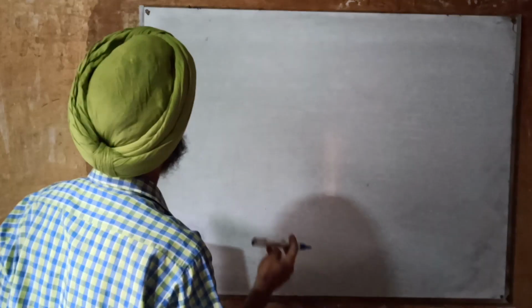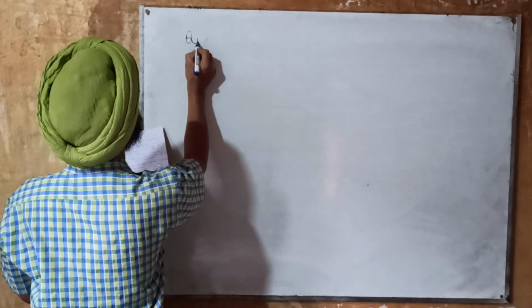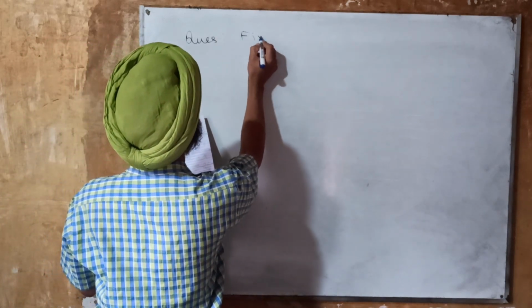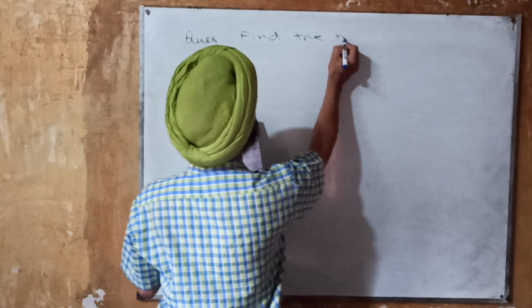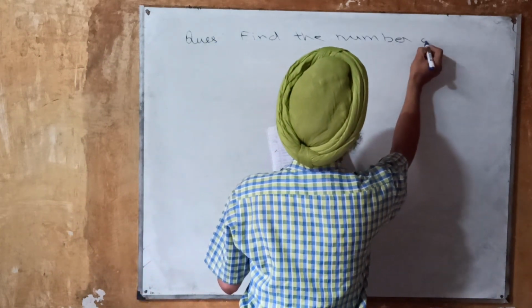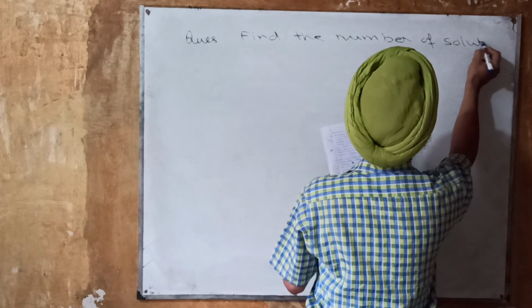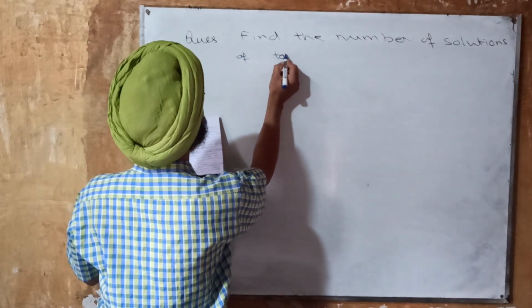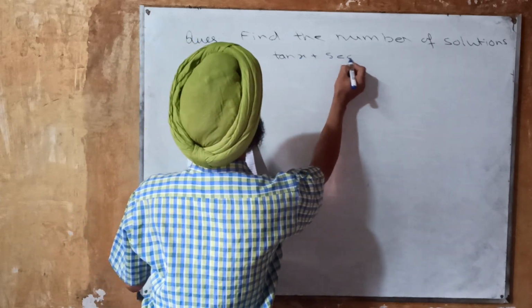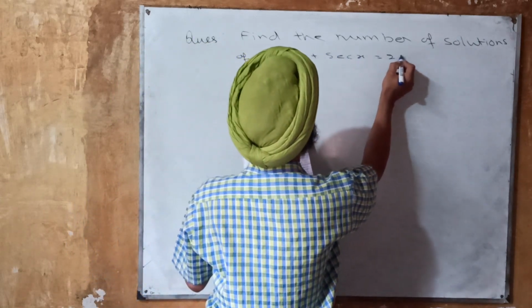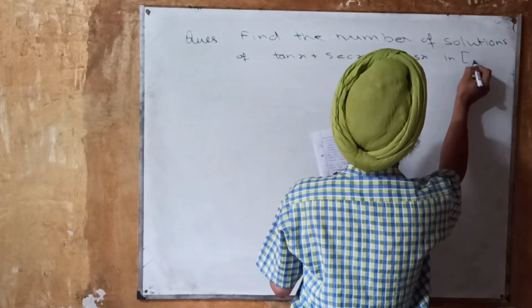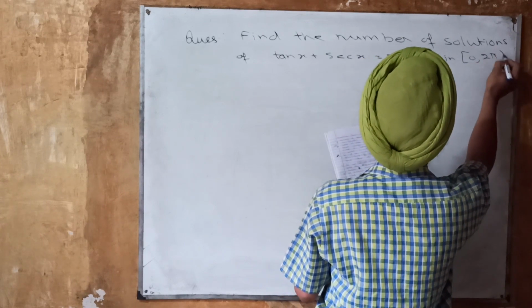So the first one I am going to take here. The first question of today is, find the number of solutions of this trigonometric equation tan x plus secant x is equal to 2 cos x in the interval 0 to 2 pi.